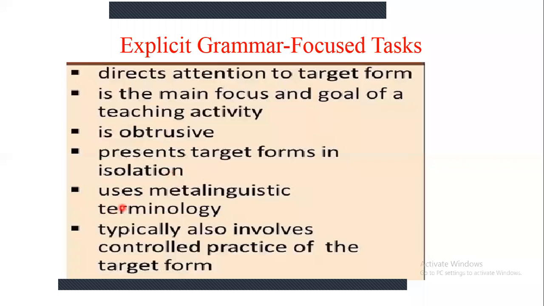Everyone, use metalinguistic terminology. For example, they say present perfect. This is what we call metalinguistic terminology. But for the implicit grammar, they don't talk about those metalinguistic terms. Students will try to discover themselves.